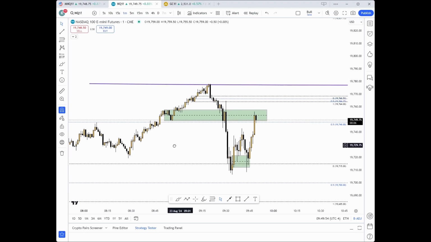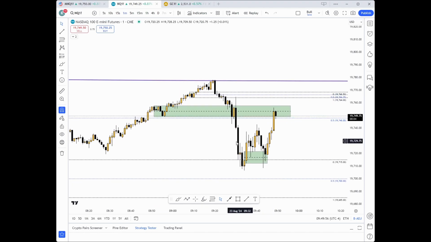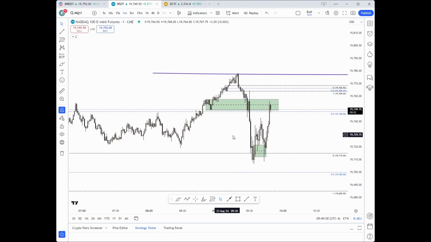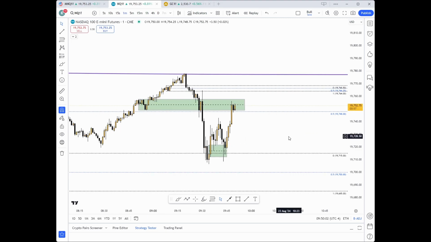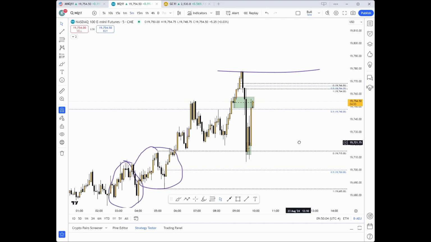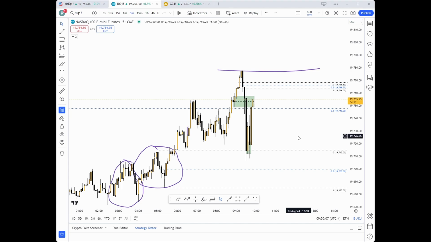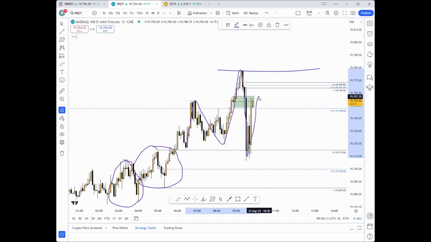So still bullish structure on the 15, even with this. Your 5 is probably bearish, be my guess. Right, breaking here. You could definitely argue a change in order flow.